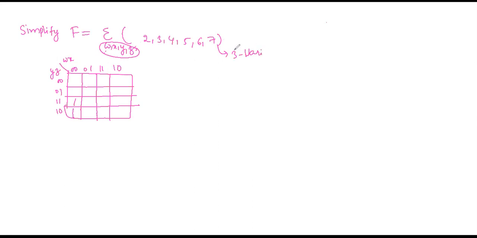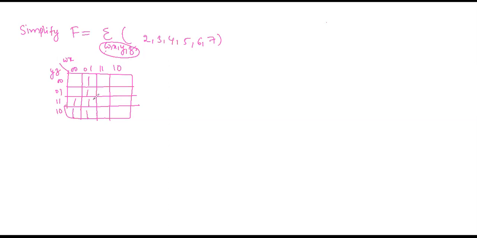If you mention W, X, Y, Z, you have to use 4 variable. Otherwise, you have to go with the 3 variable. Okay. 2, 3, 4. This is the 4th minterm box. This is the 5th minterm box. This is 6. This is 7.